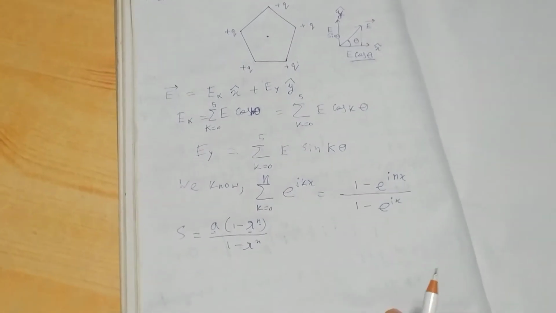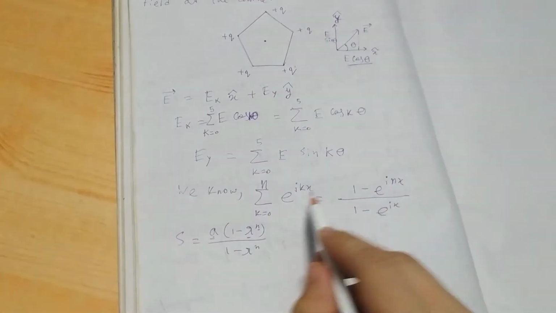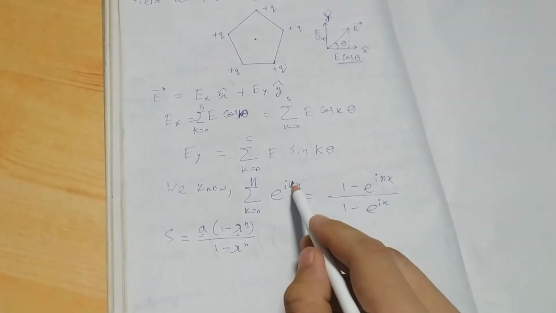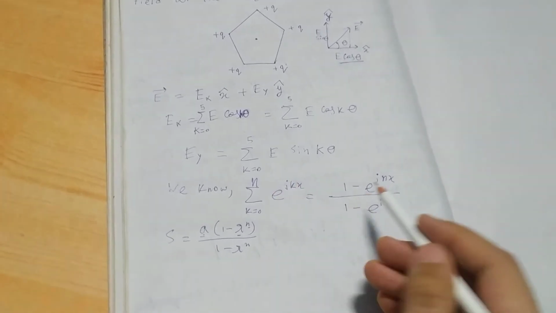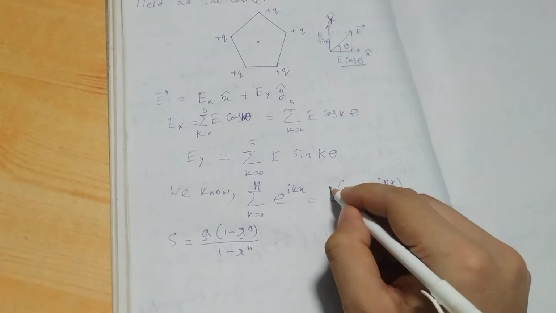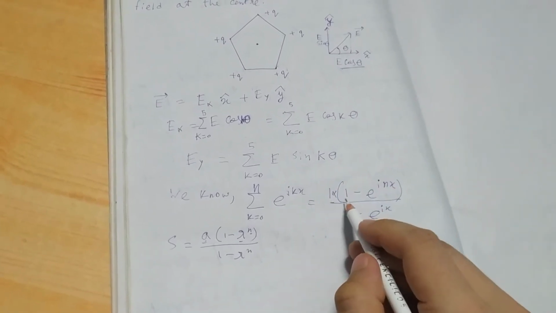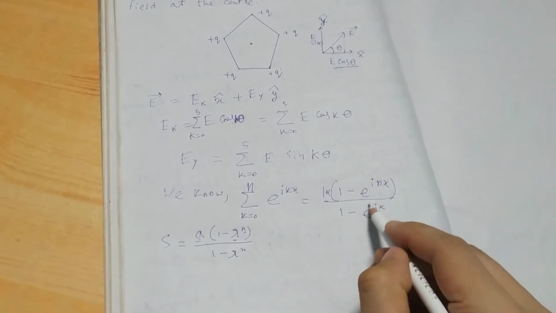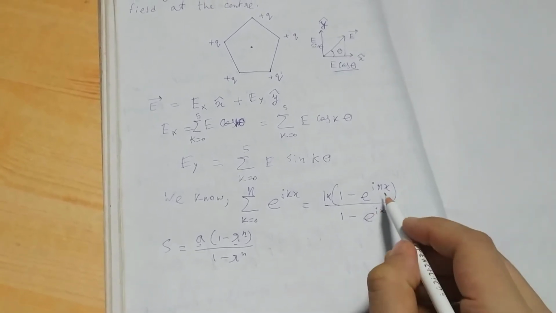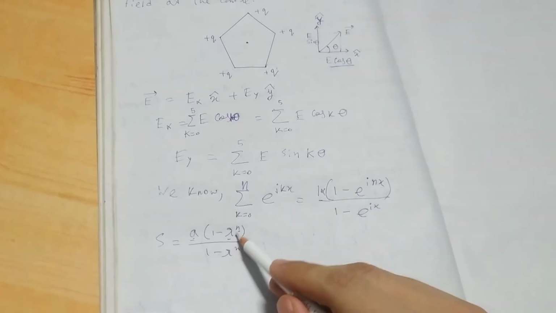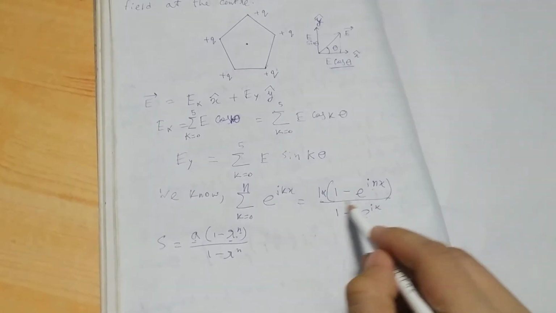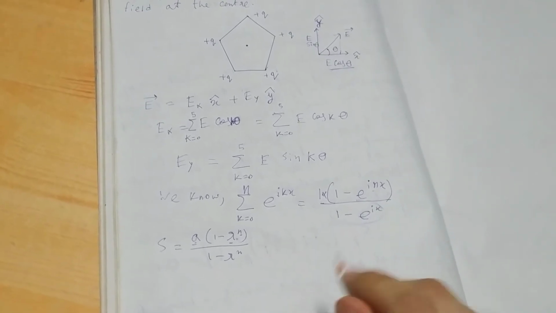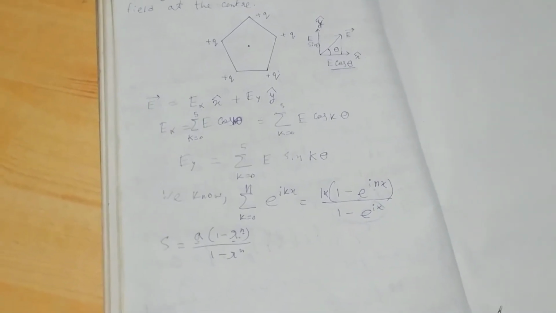Now after this we can write this. How? Let us say the first term is k equals 0, so e to the 0 is 1, and 1 minus e to the power i x is the common ratio, so e to the i x to the power n, and in the denominator is 1 minus e to the i x.